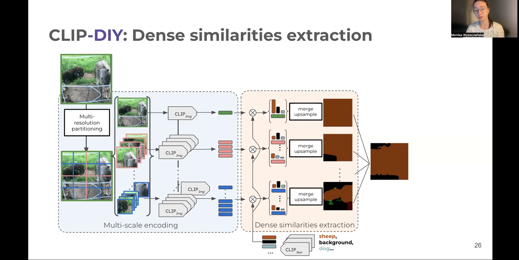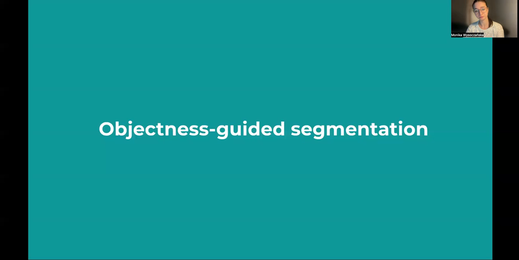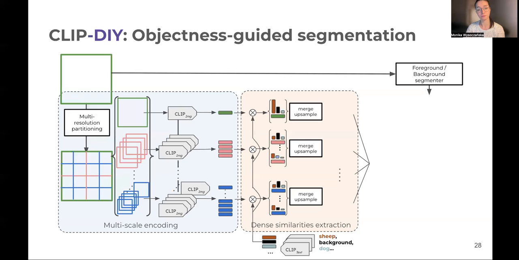However, as we can see on the example, our produced semantic mask is still not fully accurate as our partitioning mechanism lacks the objectness information about the shapes. Therefore, we refine the extracted map with objectness guiding mechanism.